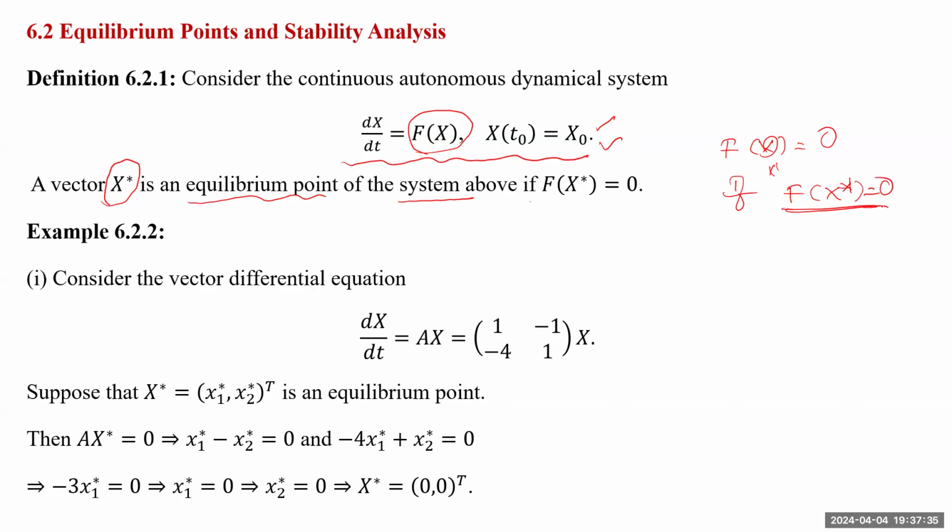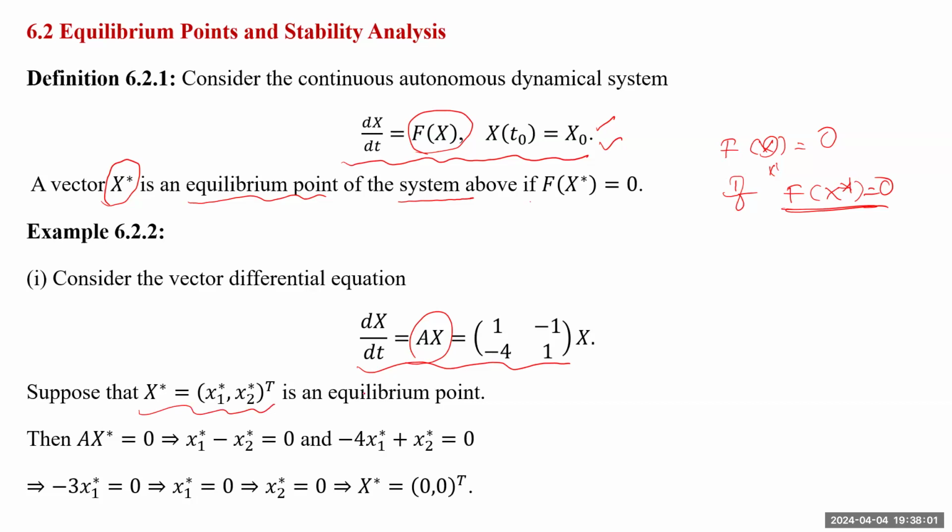See, for example, this is my dynamical system, and in place of f of x equals Ax, that is my 2 by 2 matrix, 1, minus 1, minus 4, 1. That is what we discussed in the first example. Suppose that x star equals x1 star and x2 star.